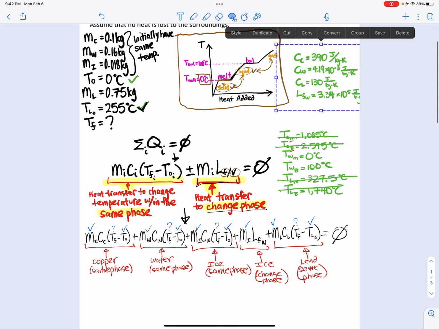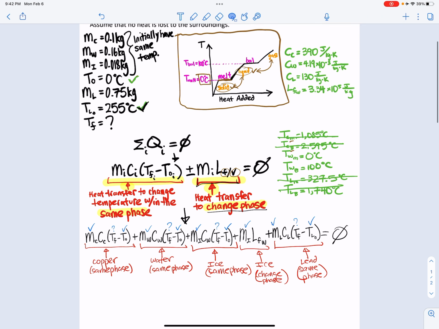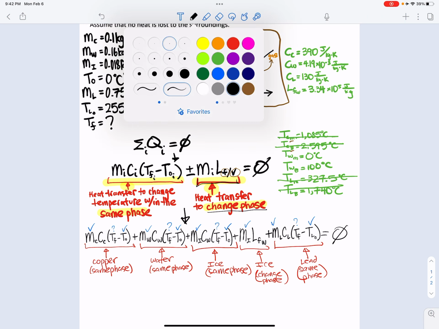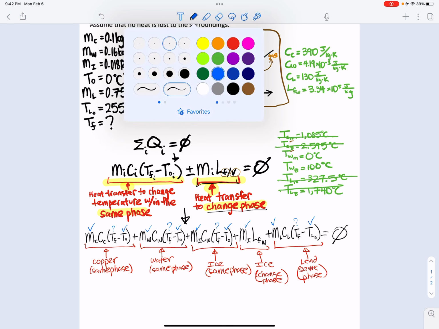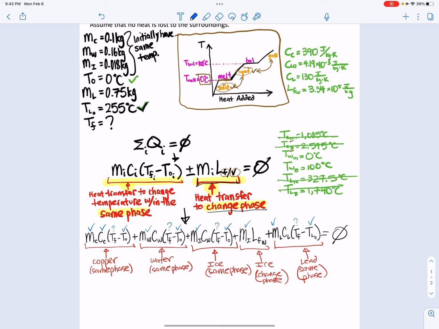Make it smaller. There. On Google, I was able to find the specific heat for copper, specific heat for water, latent heat of fusion for water, and specific heat for lead. So now all I'm missing is what I'm trying to find, which is the final temperature.